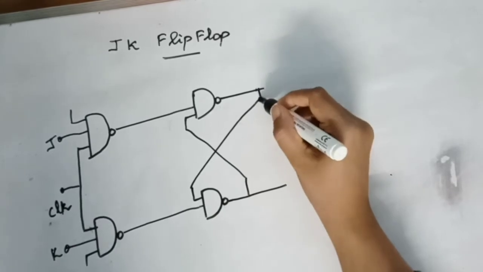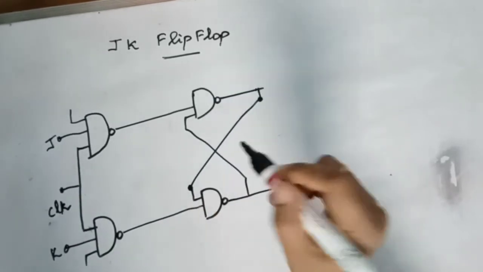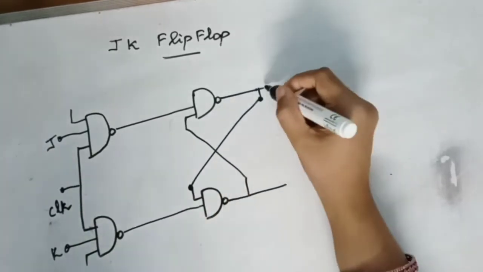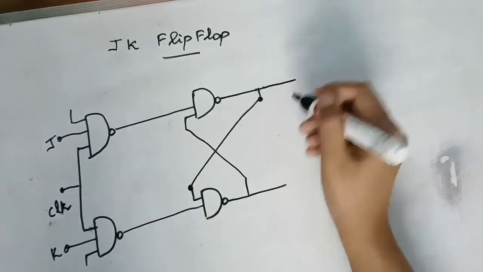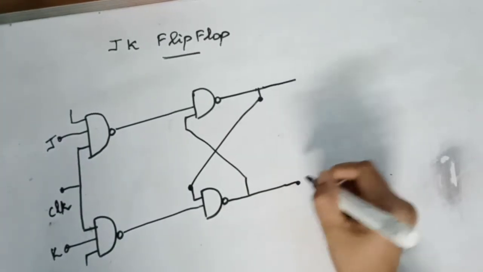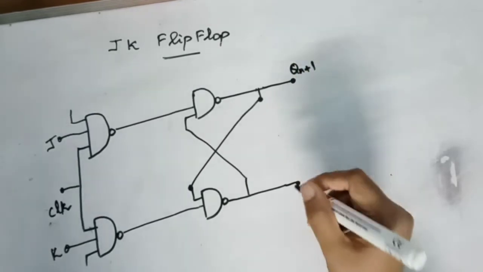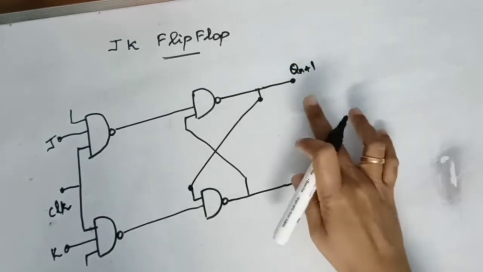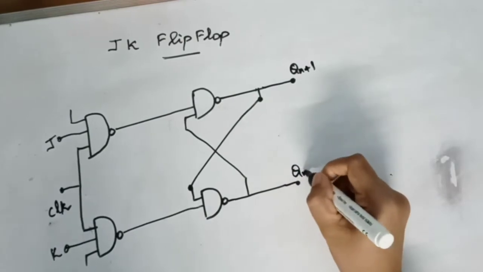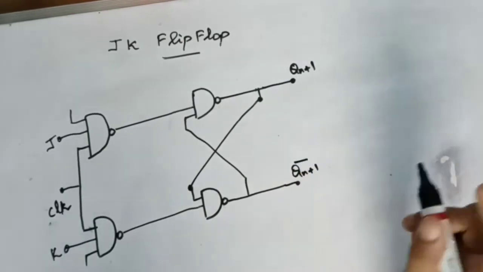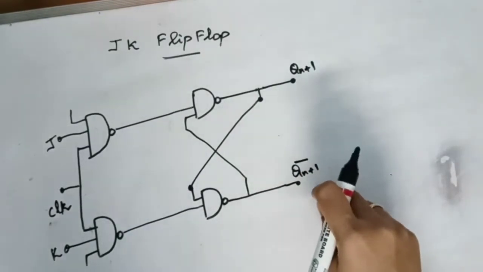So here only you have a connection, here you don't have a connection. This is your Qn plus 1, or if you are taking the previous state, this will be Qn, and this is Qn plus 1 bar, and for the previous state, this will be Qn bar.